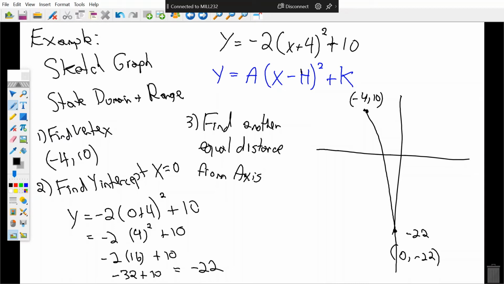The middle of this parabola is at negative 4. This point here is at 0. So these x values are 4 apart, right?